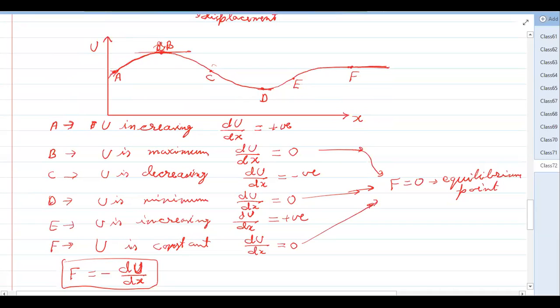But if you keep the ball at point B, the ball will remain at this point. It will not experience any force. If you keep the ball at point D, here also the ball will remain in its own position. And if you keep the ball at point F, the ball will remain in its own position. So these 3 points do not experience any force. You can keep any object at these 3 points, and the object will be in equilibrium. But at points A, C, and E, there will be a force on the object.